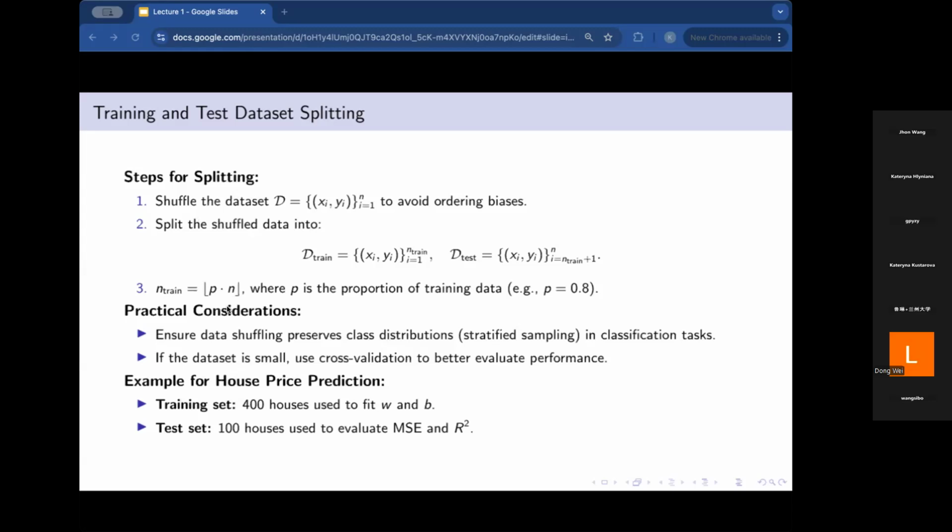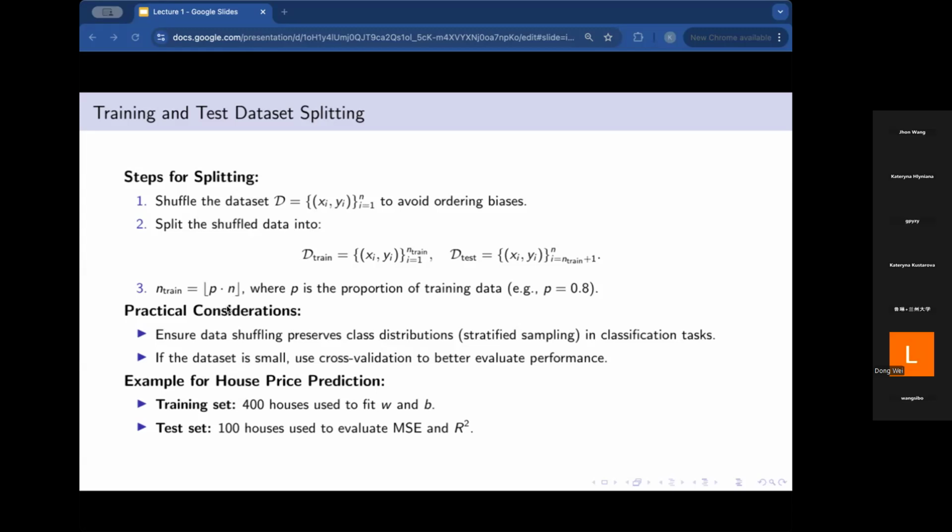Now, we will discuss the steps involved in splitting the data into training and test sets. First of all, shuffle the data set. It's necessary to avoid any ordering biases.